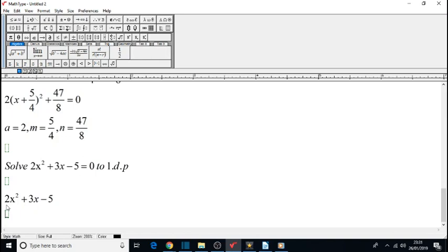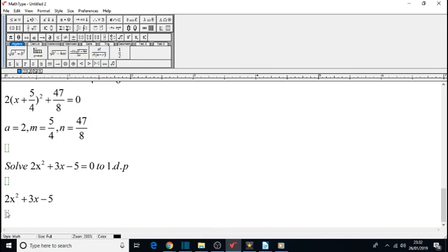Just similar to the previous video on how to solve quadratic equations using completing the square, you know how we went the step further to find out its solutions? Same process here. Solve 2x squared plus 3x minus 5 is equal to 0 to 1 decimal place. So at least this question specifies to what decimal place it wants the answer in.